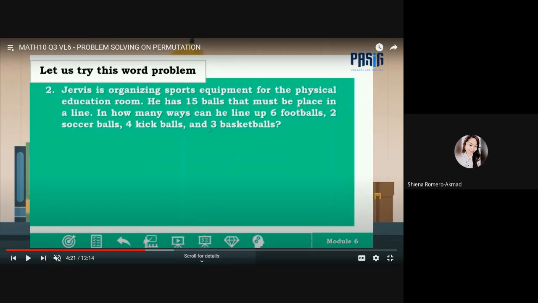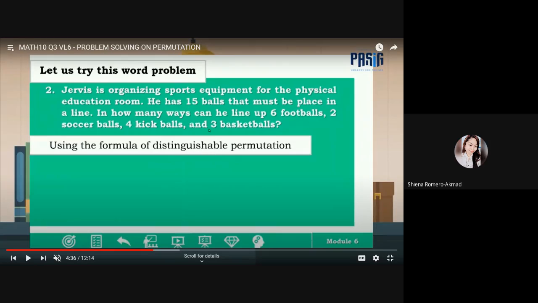Because we can no longer identify which is which among the 6 footballs, since they are all footballs, these are all soccer balls, and so on. So, we use the formula for distinguishable. That's 15 factorial divided by 6 factorial times 2 factorial times 4 factorial times 3 factorial.